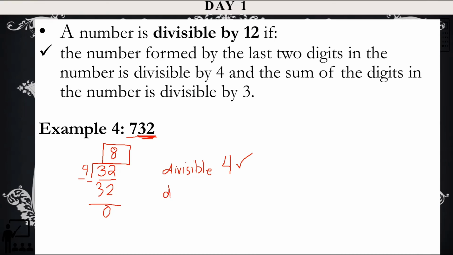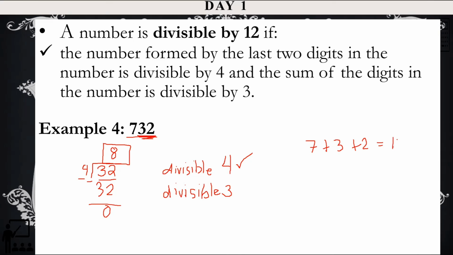Next is to check if it is divisible by 3. So, how are we going to know if it is divisible by 3? So, if you remember, what we are going to do is to add the digits. And if the sum is divisible by 3, then it is divisible by 3. So, let's try to add the digits. 7 plus 3 plus 2, so, 7 plus 3 is equal to 10 plus 2, it is equal to 12.